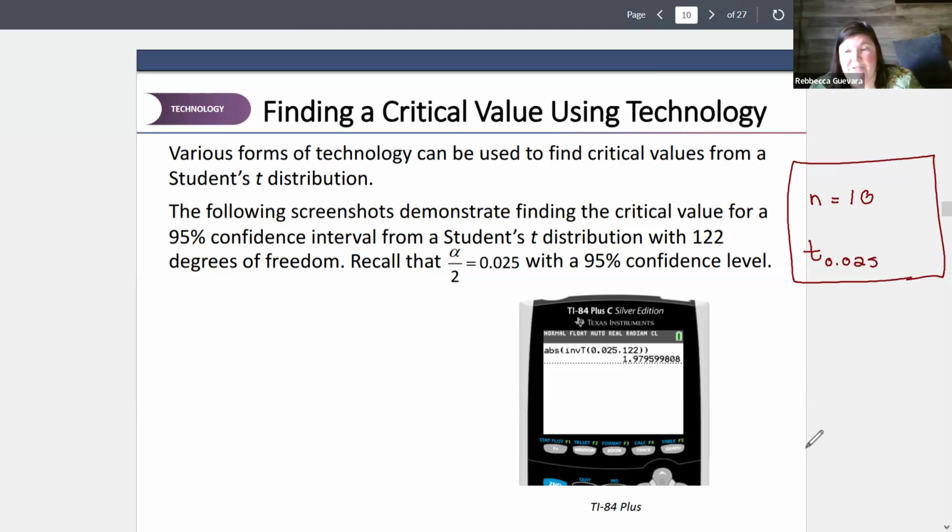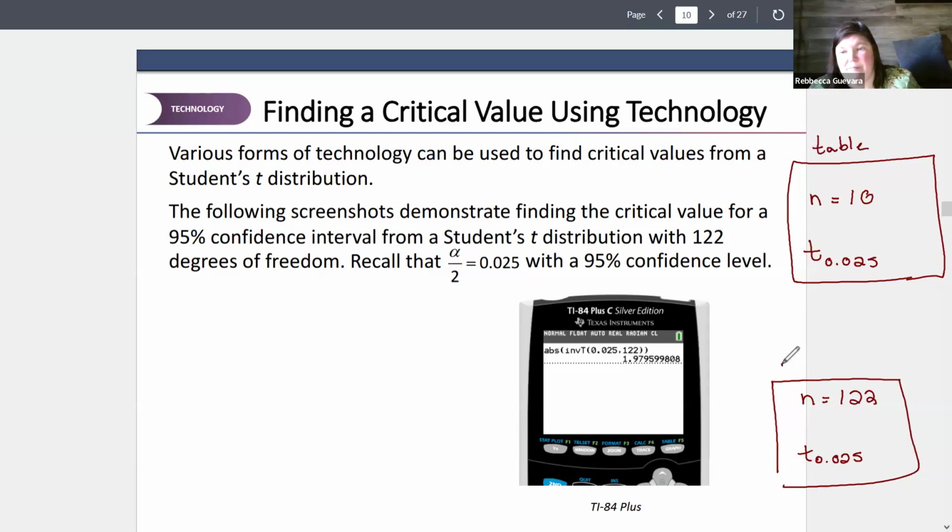So if I had a 95% confidence interval, but my sample size is actually 122, that doesn't fit on my table. We're going to compare what we'll see at the table and what we'll see with the calculator.